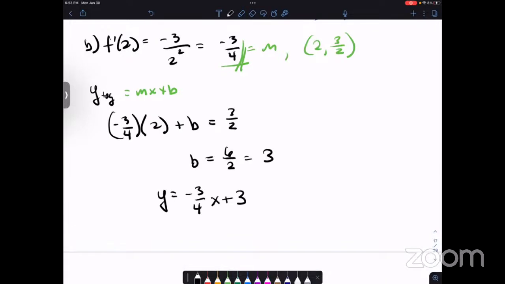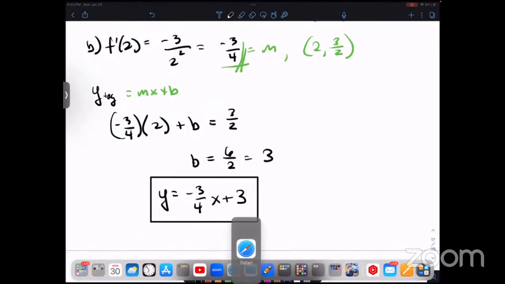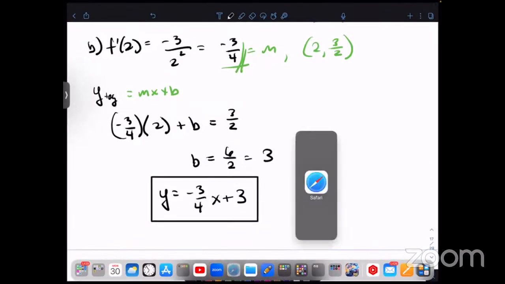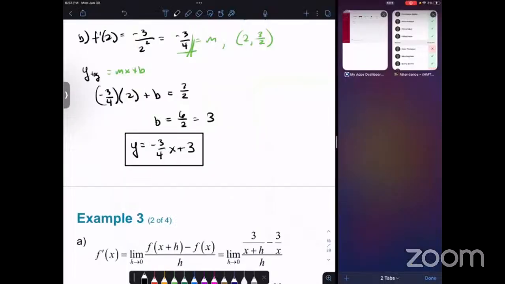Okay, now we can actually check this. Our claim is that this is the equation of the tangent line when x is 2 for the original, right? Let's see how we can confirm this. Okay, so I want to open up my trusty calculator. Let me see if it'll show. Let's do a new tab.